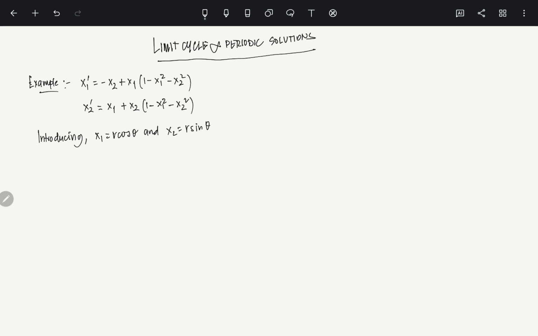Now if we do that, we use the chain rule. Let's calculate d/dt of r squared.